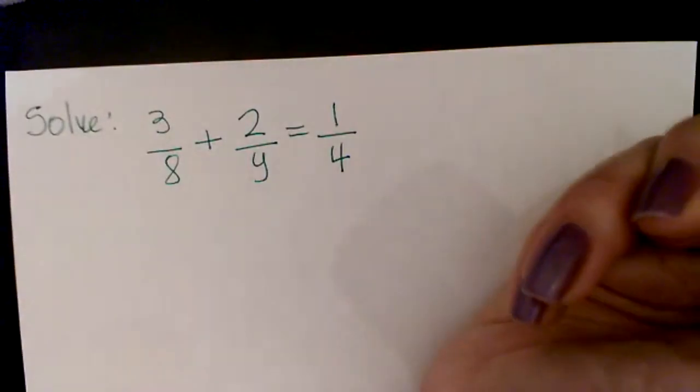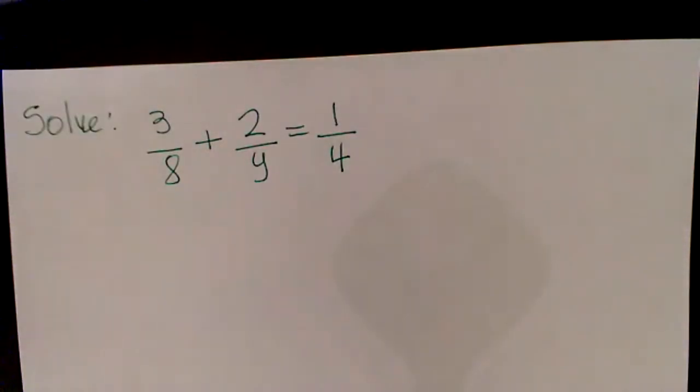So this one says we're gonna keep solving rational expressions, and this is solve, and we have 3/8 plus 2/y equals 1/4.